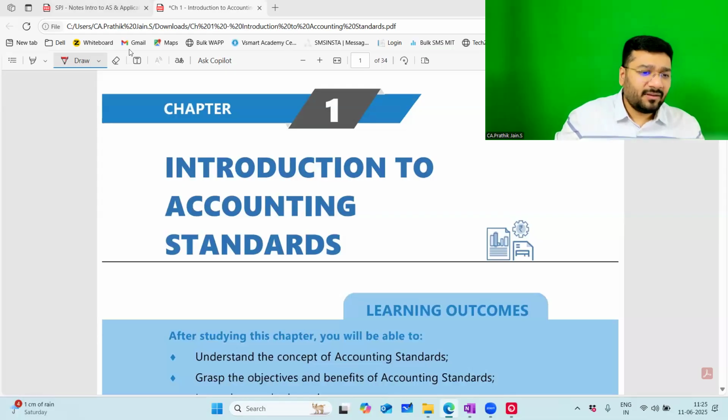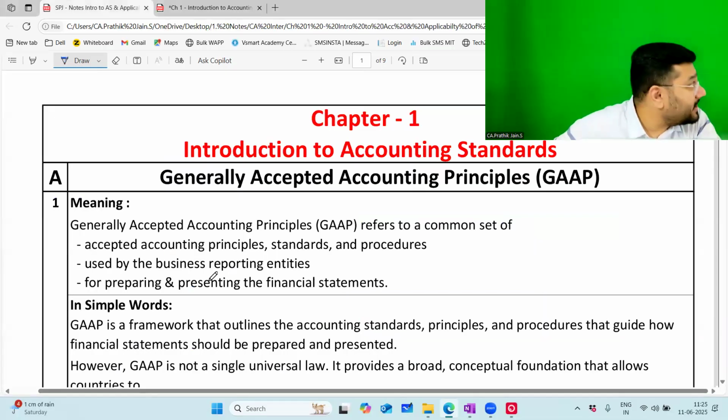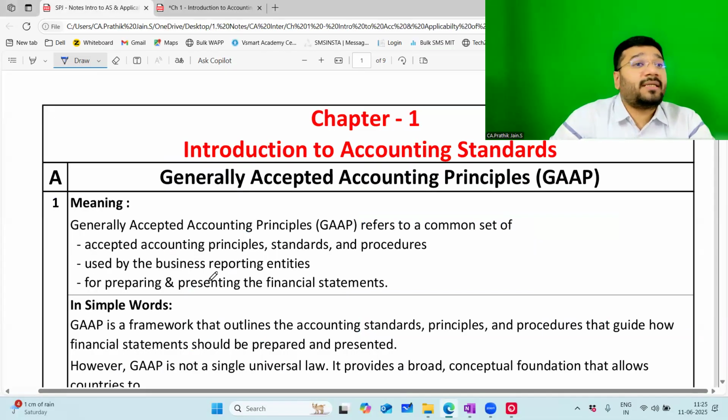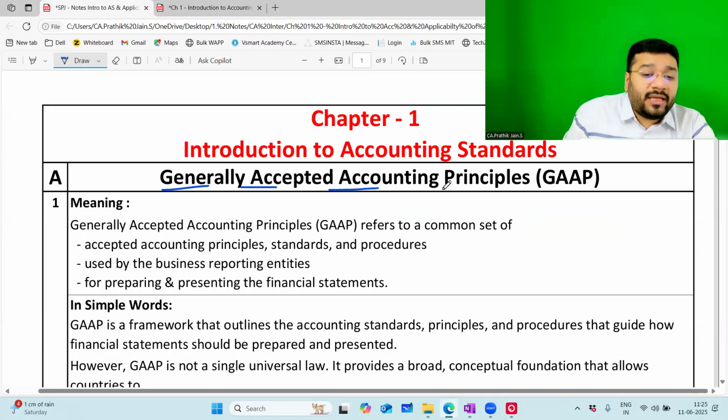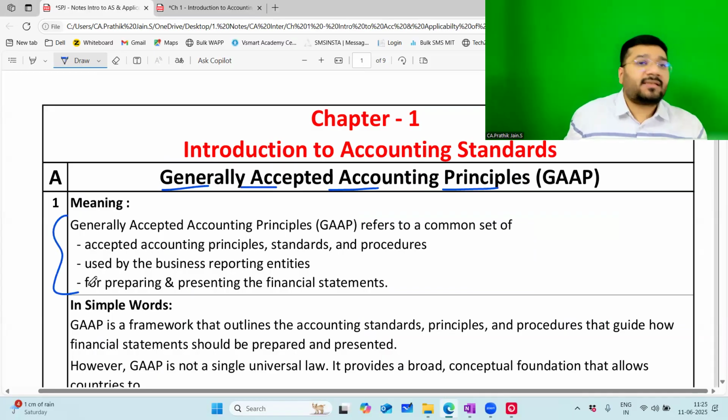Wonderful. The first point that we have to discuss is, before we understand what is accounting standard, we have to understand first of all what is the meaning of GAAP. GAAP stands for Generally Accepted Accounting Principle. I'm just reading this, but with this, I don't expect you to understand much. The explanation of that will follow. So I'm just reading it.